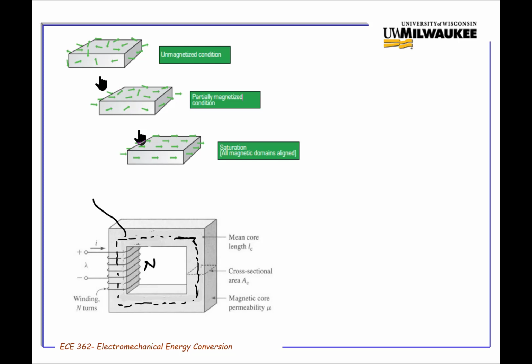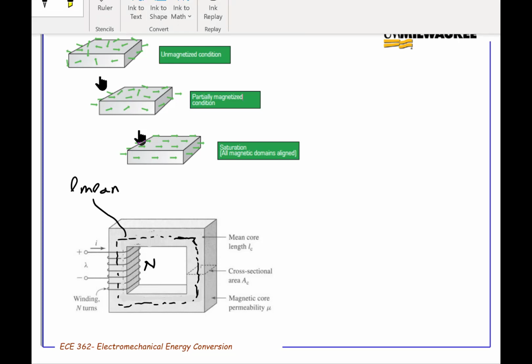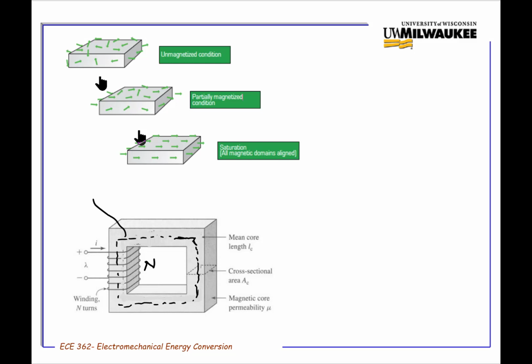In the last lecture I called it L mean because it would be the averaged line, but we're going to call this something else now. So I had L mean, but we'll just say this is LC, the mean length of the core, with the magnetic field intensity through the core.